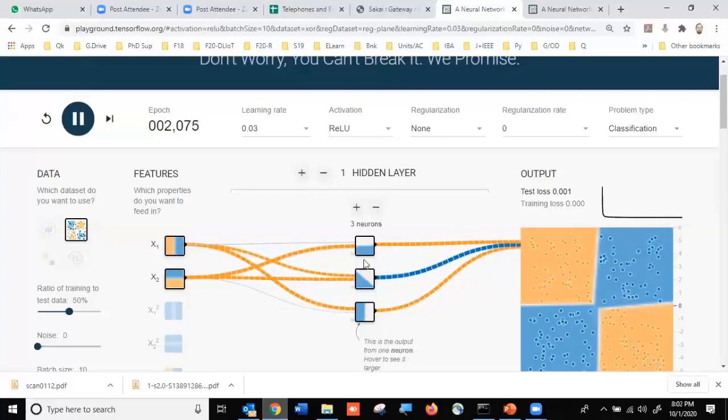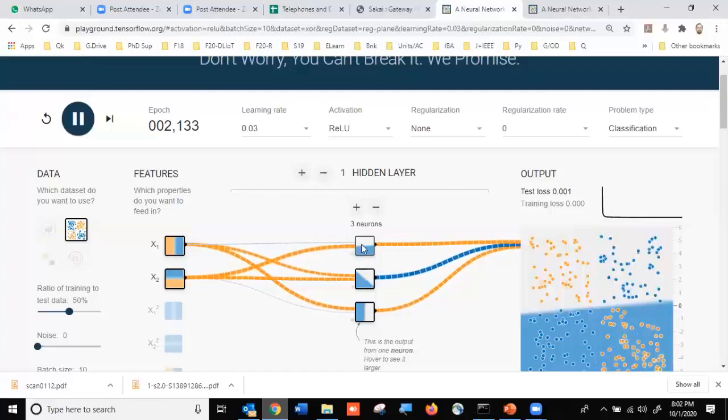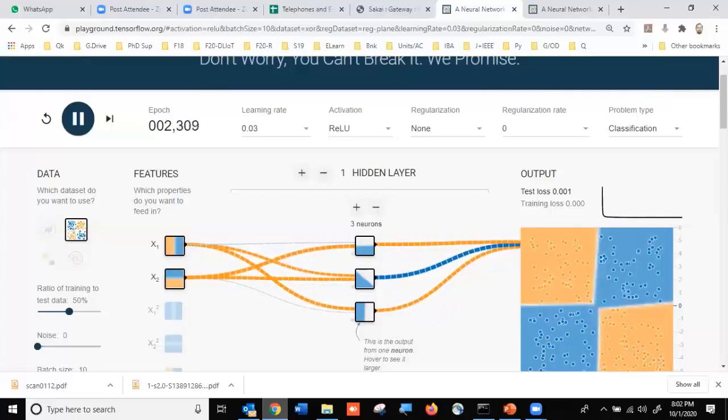This one is taking a completely horizontal feature and saying I can separate the top from the bottom. Between these three, they've done a reasonably good job. In fact, training loss is 0, test loss is essentially 0 as well. So three neurons in the same layer are able to solve this problem.